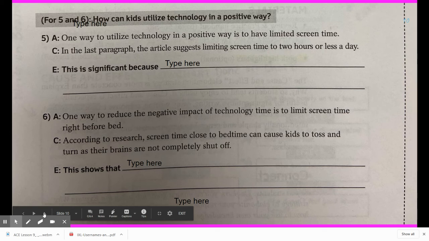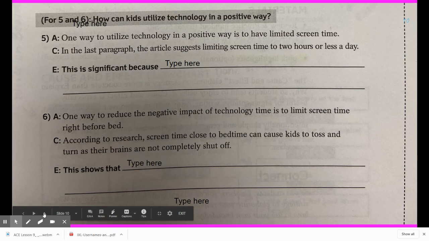All right, here we go again. We have an A. One way to utilize technology in a positive way is to have limited screen time. We have the C. In the last paragraph, the article suggests limiting screen time to 2 hours or less a day. Now, you need to tie this together.